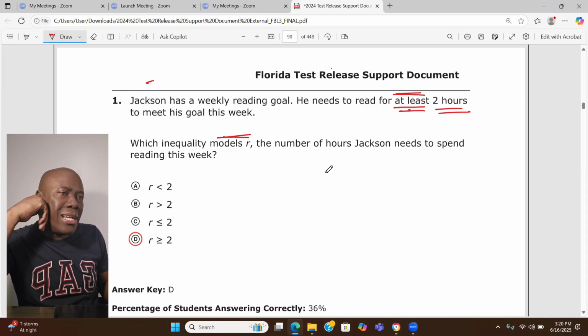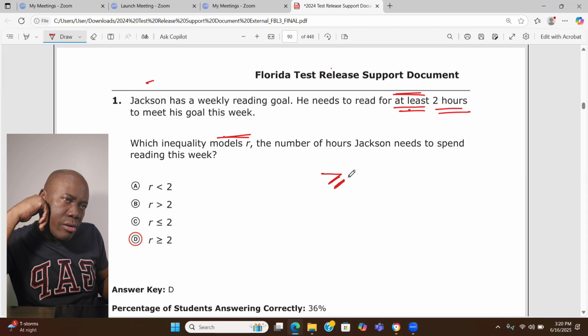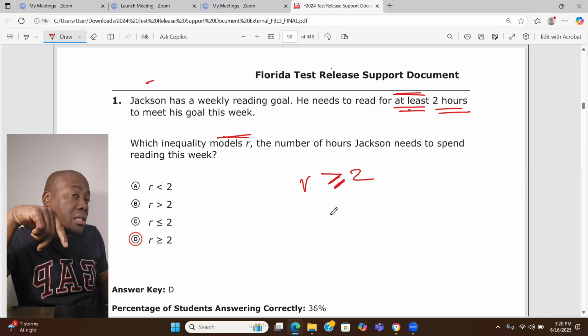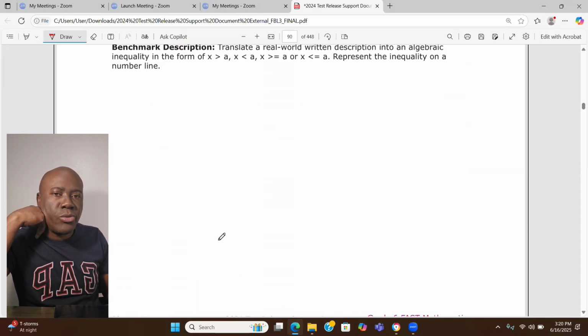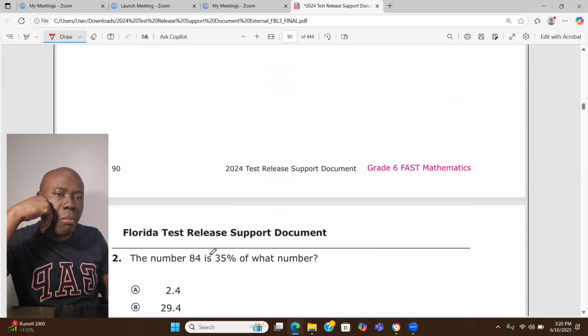Because we have at least, whenever we see at least, it is greater than or equal to that number. So R will be greater than or equal to 2. So we're looking for that, and you can see here that D would have been the correct response.